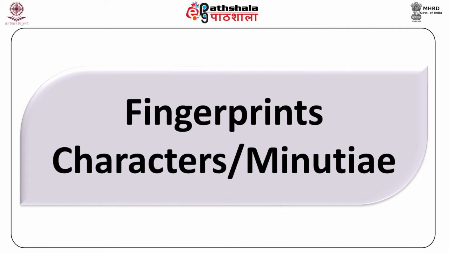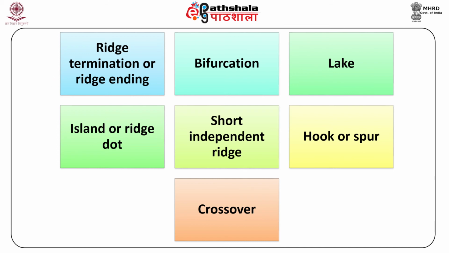The seven common types of fingerprint characters are: first is ridge termination or ridge ending, when the ridge flow abruptly ends. Second is bifurcation, when the ridge splits into two, making a Y.